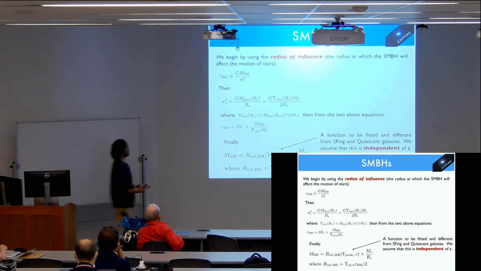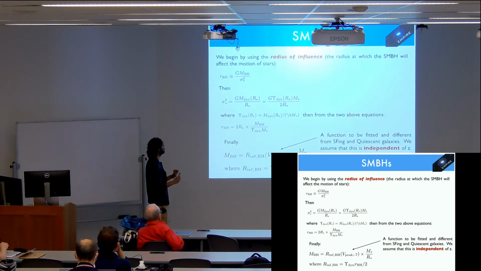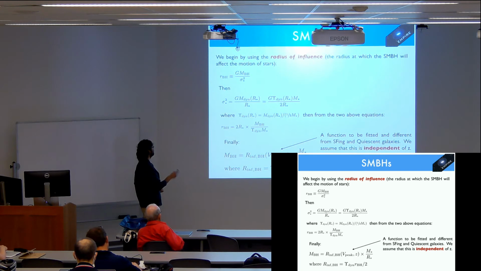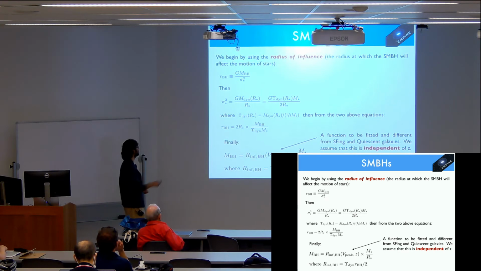We are also putting in the supermassive black hole sizes, and this is the important point of why we need the radius in our galaxies. We started by assuming that there is some radius of influence from the supermassive black hole given by this equation.